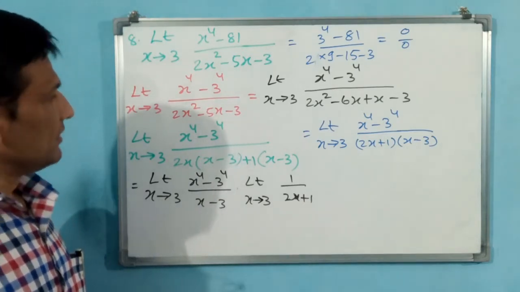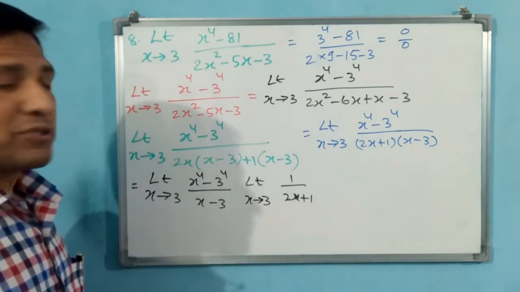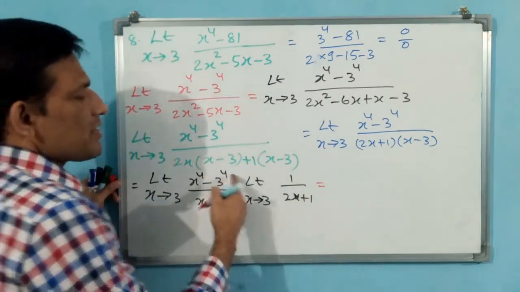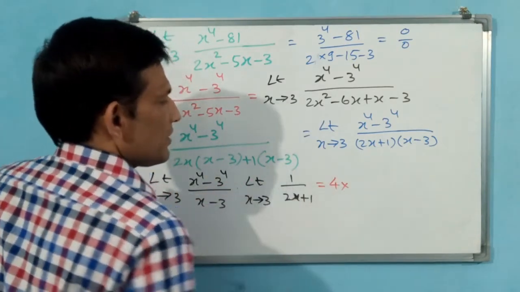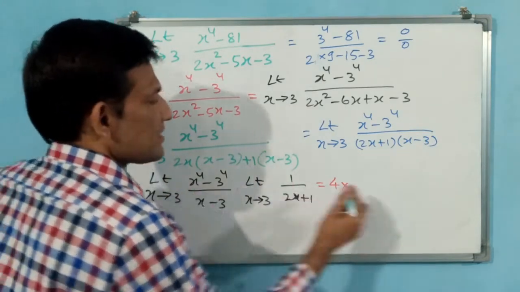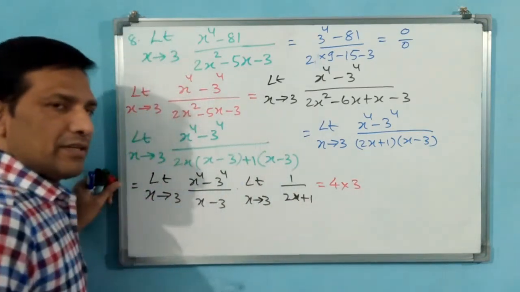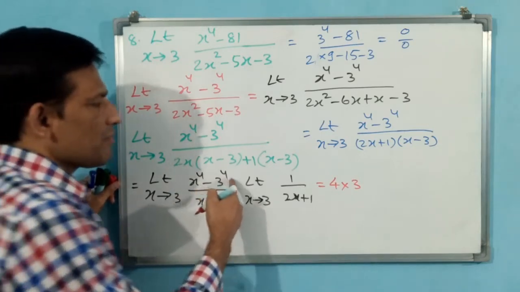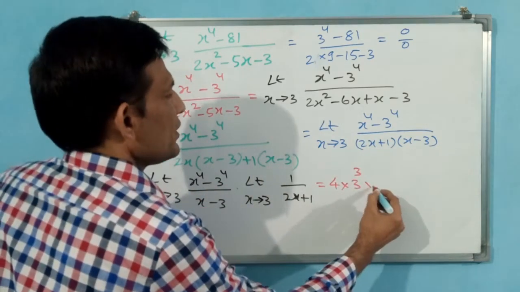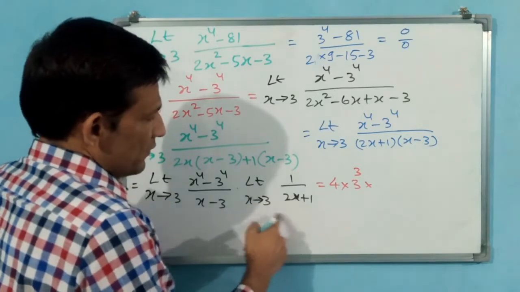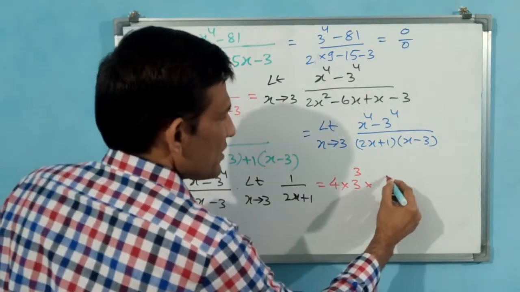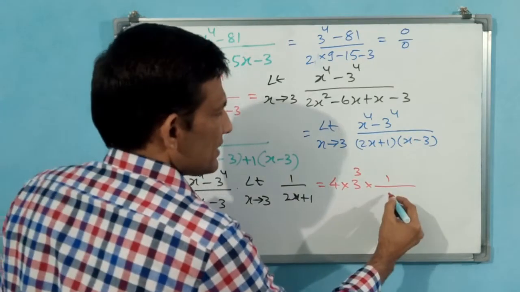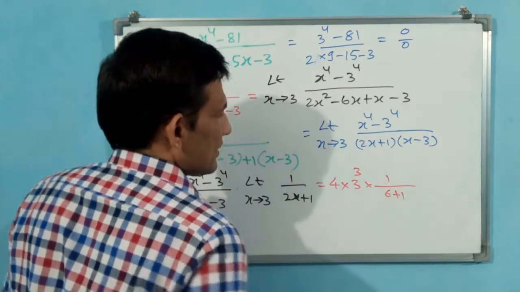Let us substitute and write the value for both. n is 4, so 4 into a is 3, n minus 1 means 3. Into, here if you substitute, it is in the denominator, that means 1 divided by 2 into 3, 6 plus 1, 7.